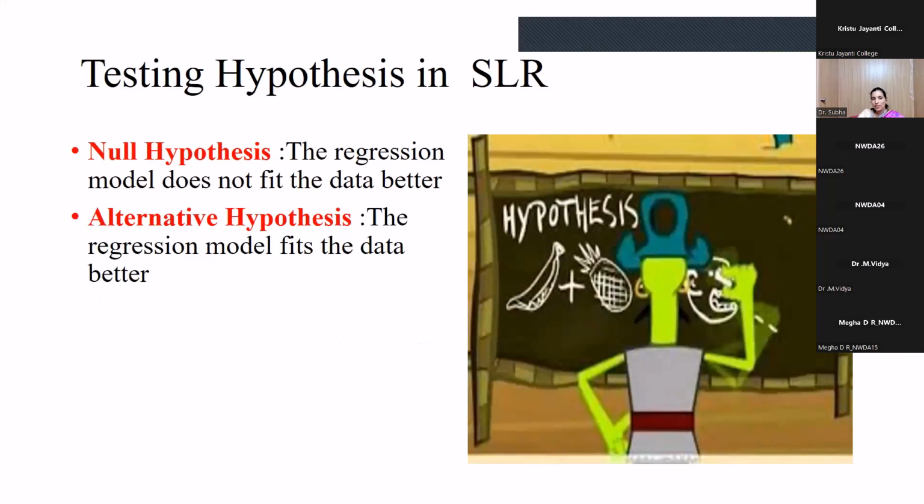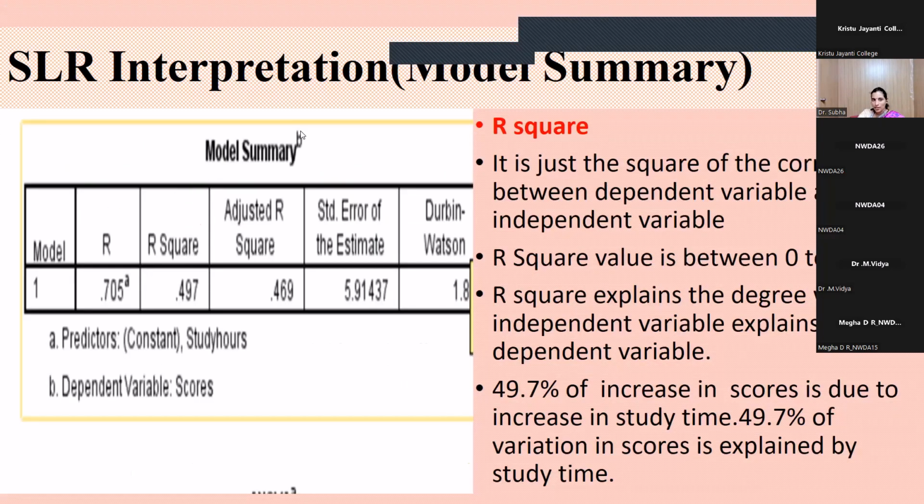Okay, so out of the outcome, 3 major parts. One is the model summary. In the model summary, we have found the R value and R square value, and we have interpreted the R value. And coming to the R square value, what is the meaning of this R square value? The R square value usually ranges between 0 to 100%. So what does the R square value actually mean?